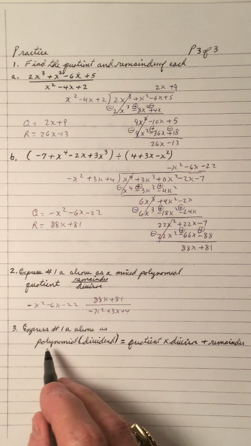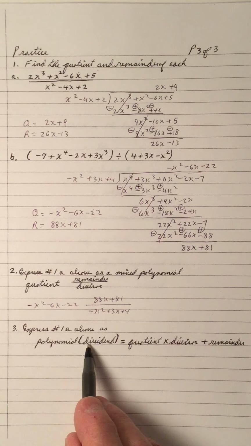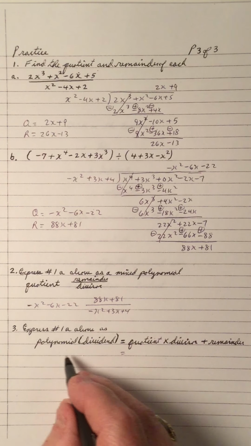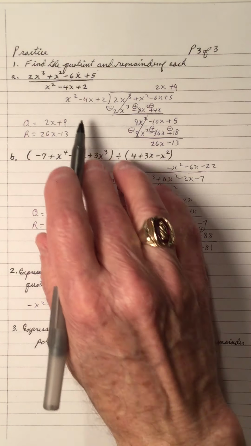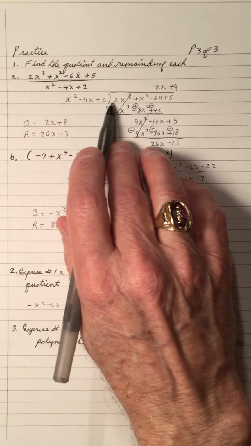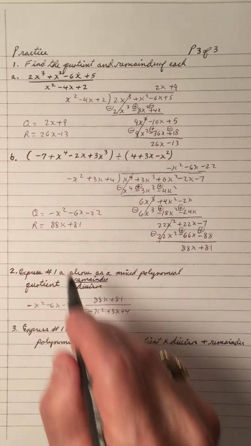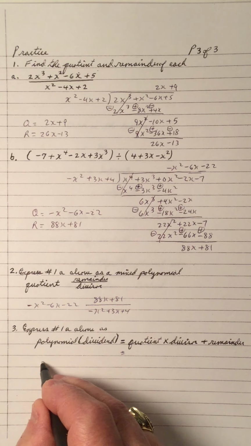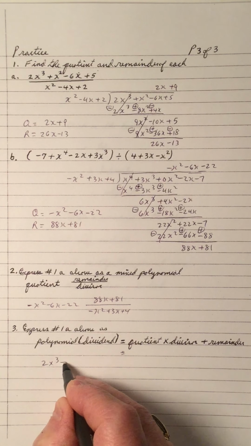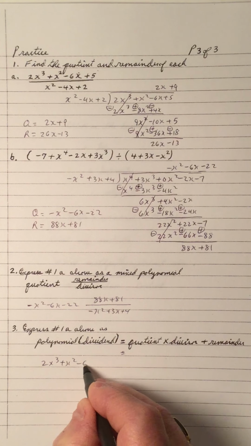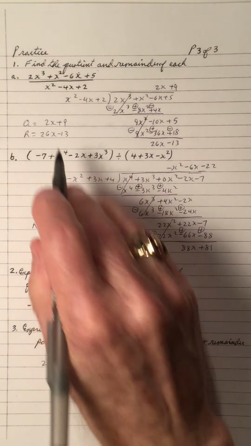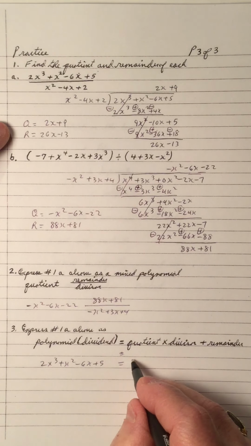And we want to express it as the polynomial is equal to the quotient times the divisor plus the remainder. So my polynomial up here is the top one. That's my dividend that's in here. So I'm going to write that down. Let's write it down next line. 2x cubed plus x squared minus 6x plus 5 equals, my quotient is 2x plus 9.